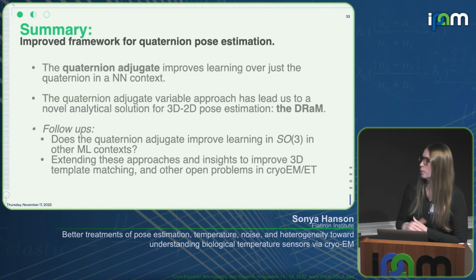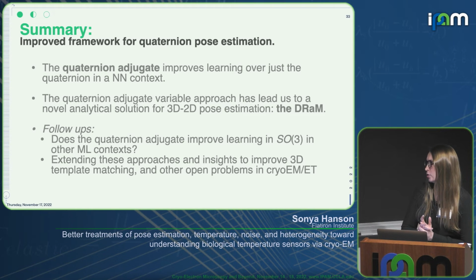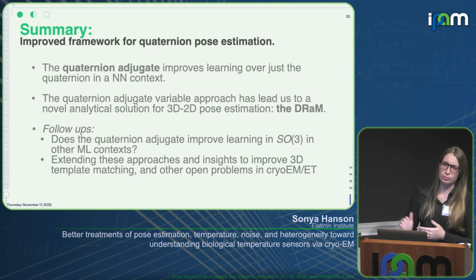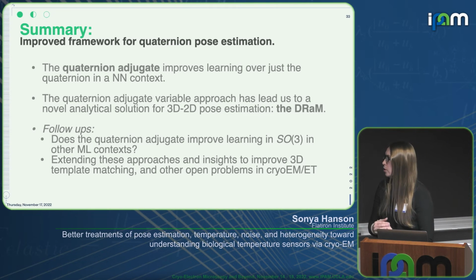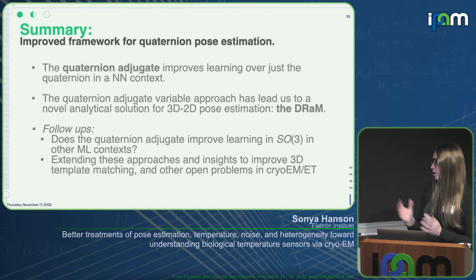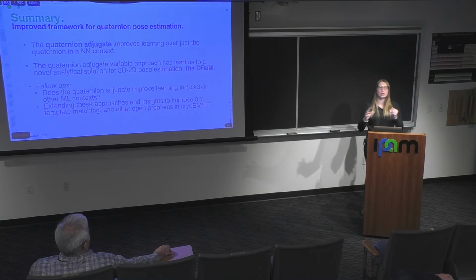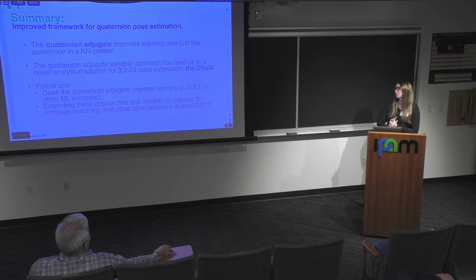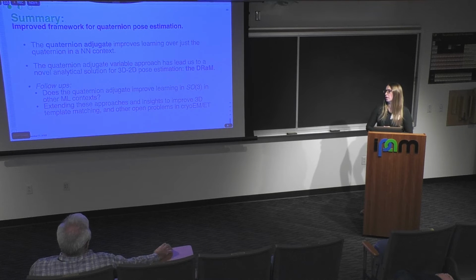Some follow-ups that we're working on are seeing if the quaternion adjugate improves learning in SO3 in other machine learning contexts, for example implementing it in cryo-AI to see if that helps some of their learning there. And while this is very much a toy scenario, I'm hopeful that showing these solutions can help improve other methods of solving similar problems in this space.